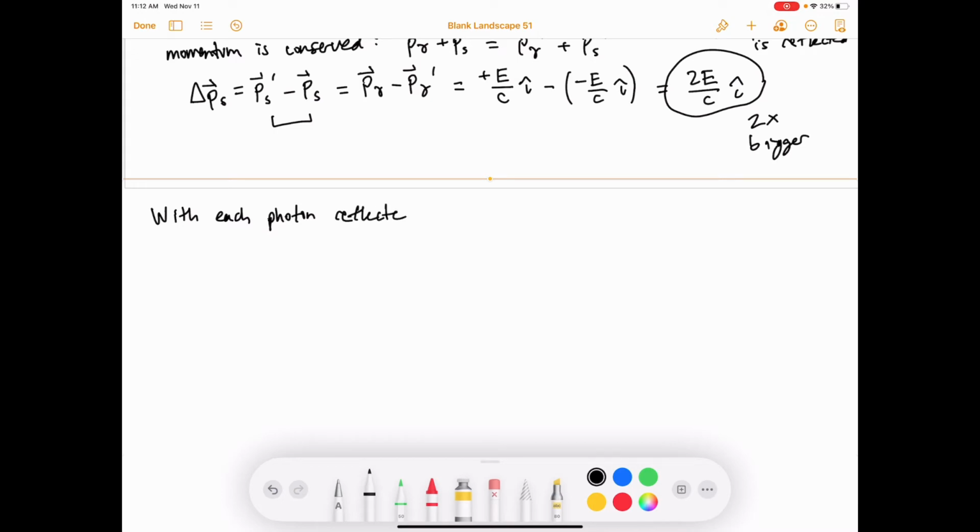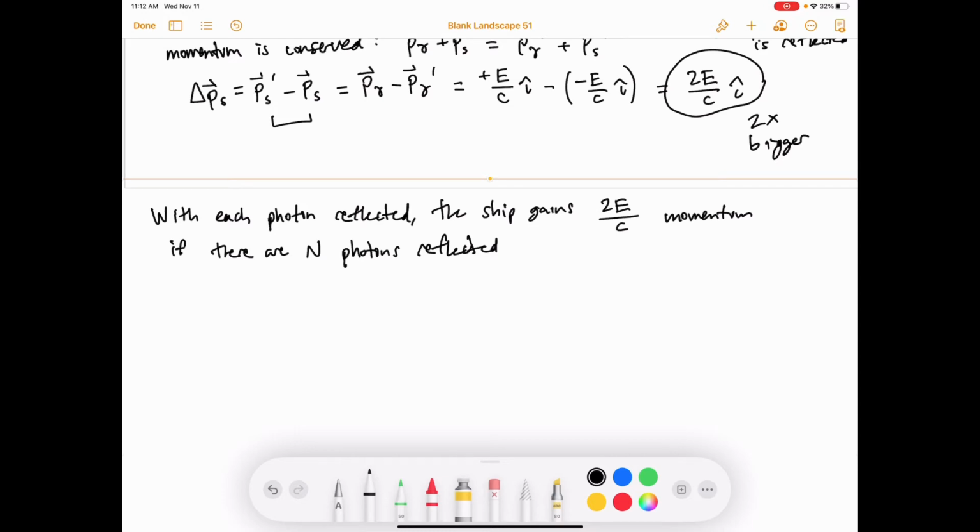Okay, so with that said, what we found is with each photon reflected, the ship gains 2 times E over C momentum. Okay, but if there are n photons hitting the ship, then the total momentum gained is just going to be given by delta P total, that's the total momentum gained by the ship, is going to equal n, the number of photons that hit it and reflect off the sail, times 2E over C. Okay, so that would be the total momentum, not just for one photon, but for n photons.